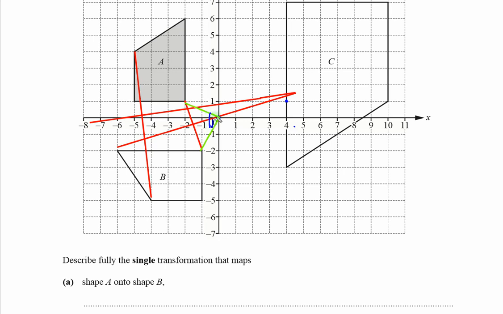This angle is 90 degrees, and the rotation is anti-clockwise. So here we can write rotation. Then center of rotation equal to 0, 0. Then degree of rotation, which is 90 degrees anti-clockwise.